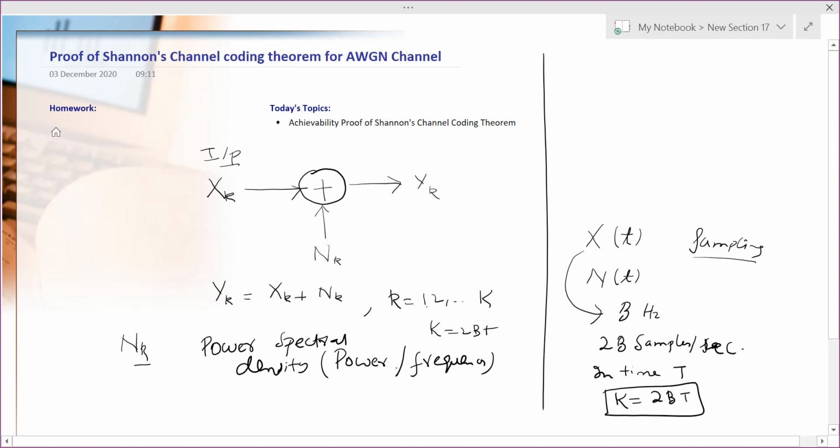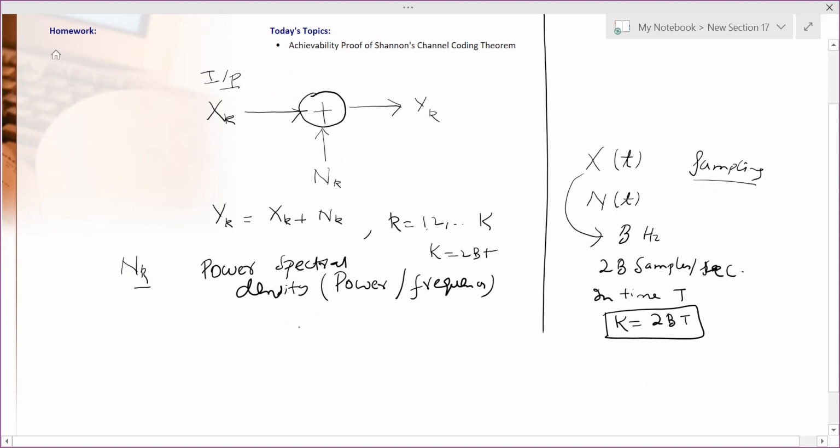So if you see the plot of power spectral density of this noise, it is constant. Since we are working in a bandwidth of b hertz, on this scale it is b and minus b. So this is the power spectral density of this noise.